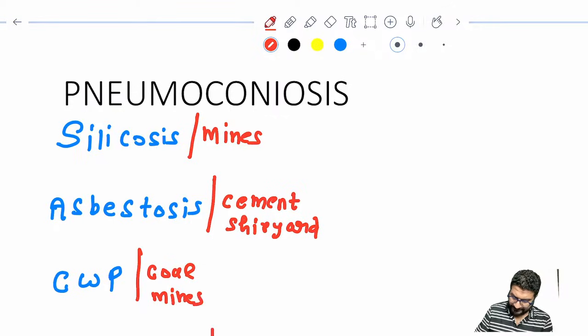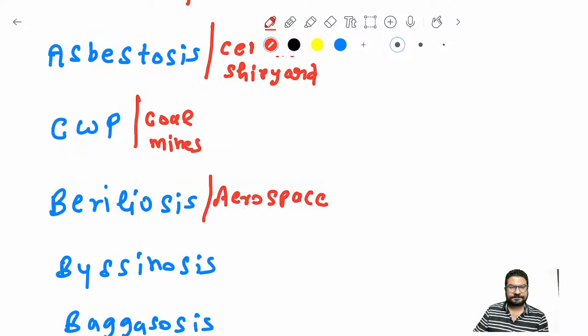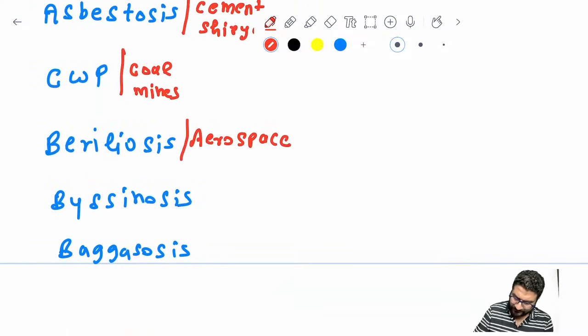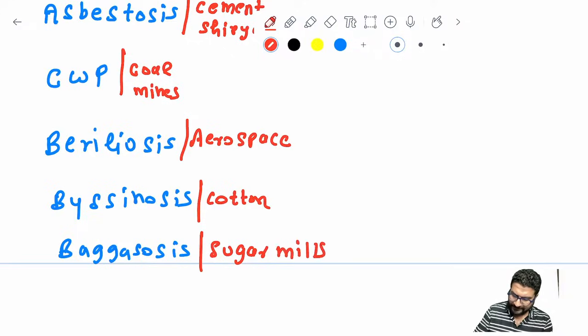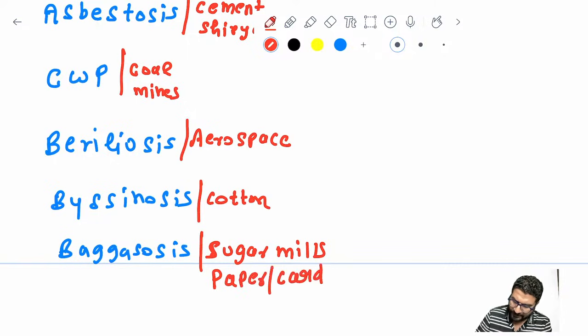Berylliosis, aerospace industry. Byssinosis, cotton. Bagassosis is sugar mills, or I can say the waste of sugar cane is called bagasse or molasses, which is used to produce paper or cardboard.